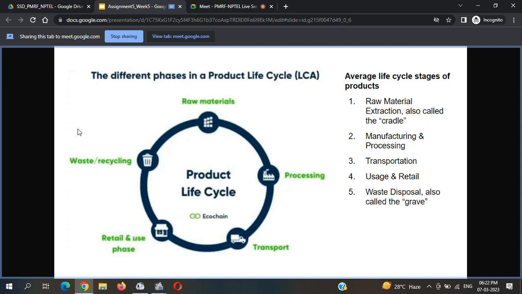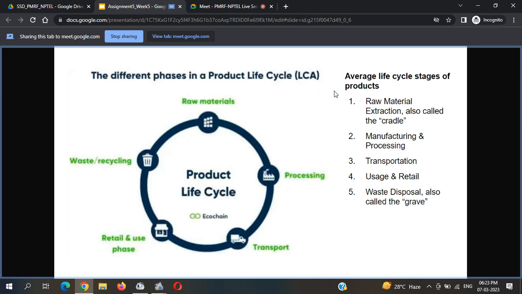So first let's see what are the different phases in any product's life cycle, or what stages we consider for life cycle assessment. So first is raw material extraction, as we discussed just now. So the raw material extraction, where we are extracting raw material which is present in our earth.